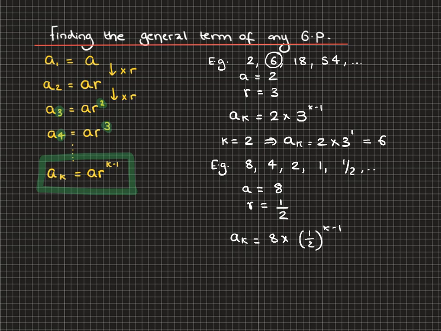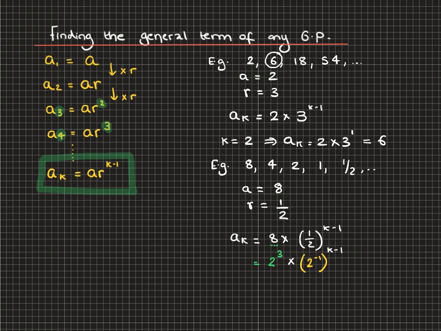Now this example is interesting because 8 is a power of 2 and a half is a power of 2. So we can rewrite each part of this. I'm going to write 8 as 2 cubed, and I'm going to rewrite a half as 2 to the negative 1, which is then being raised to a power of k minus 1.